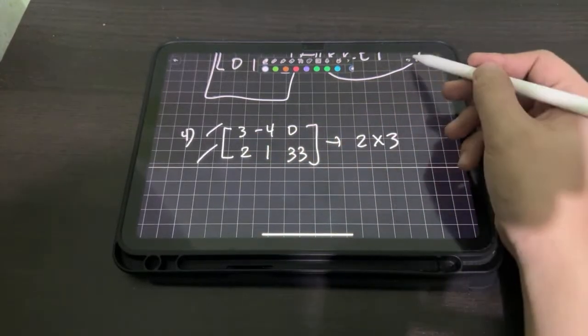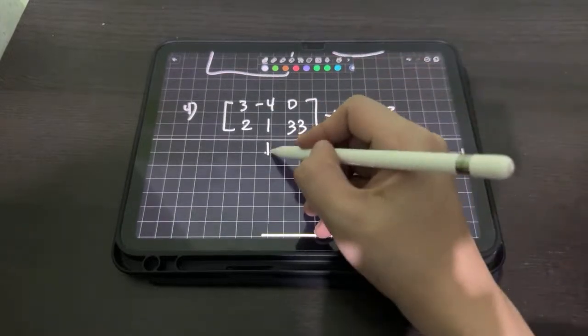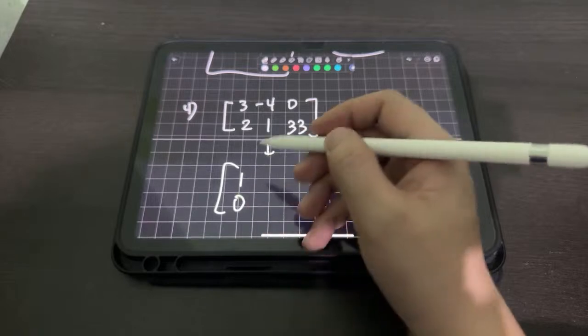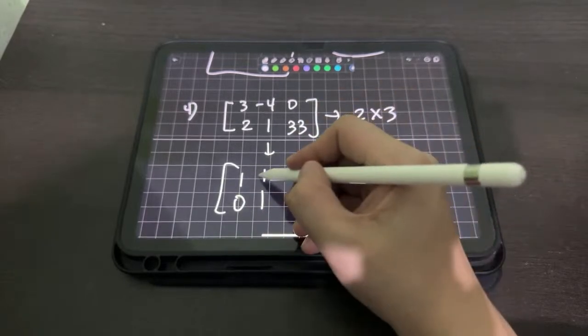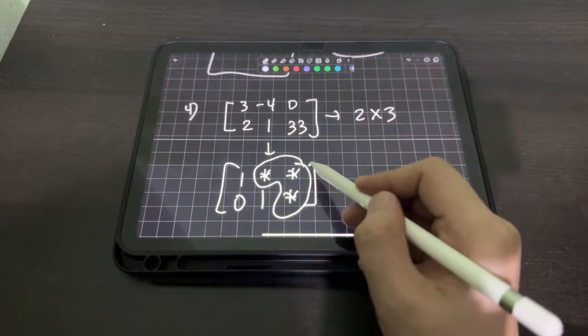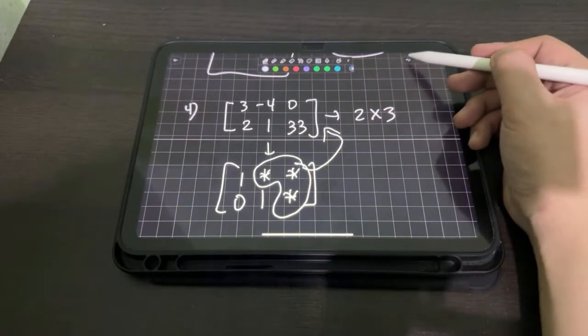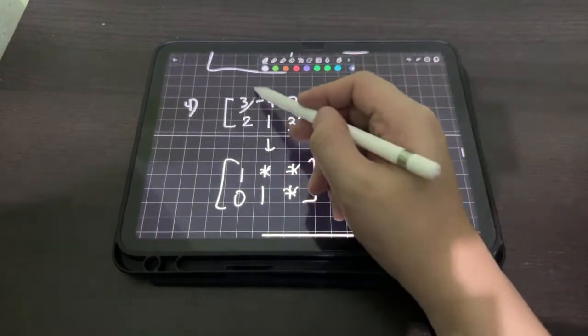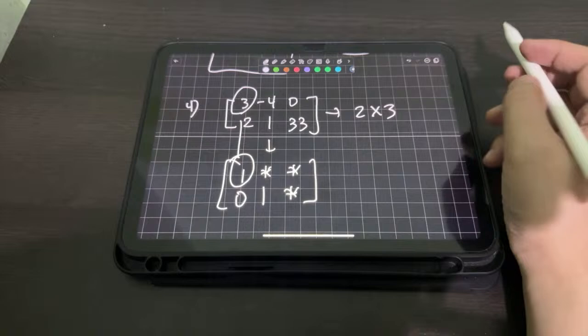So its REF form will be 1, 0, 1, and then asterisk, asterisk, asterisk, whichever numbers we obtain from elementary operations. So the first goal is to make this entry equal to 1.